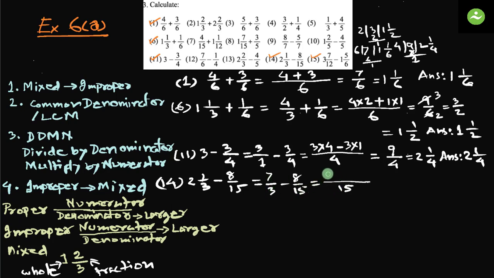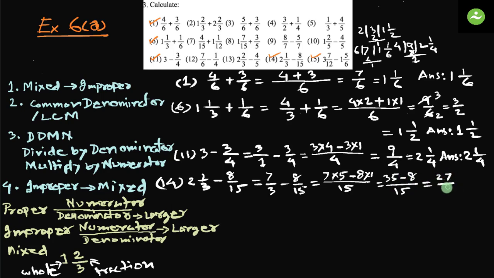So 7 into 5 minus, divide 15 by 15, it's 1. So 8 into 1, equals 7 into 5 is 35 minus 8, 35 minus 8 is 27.